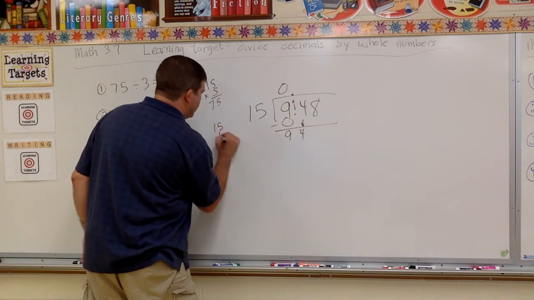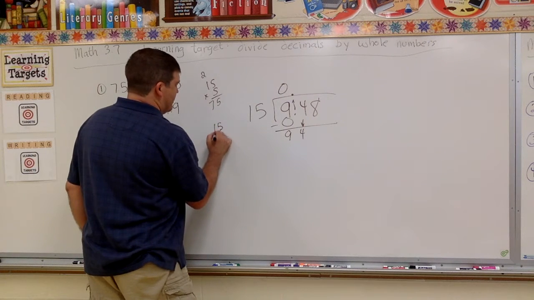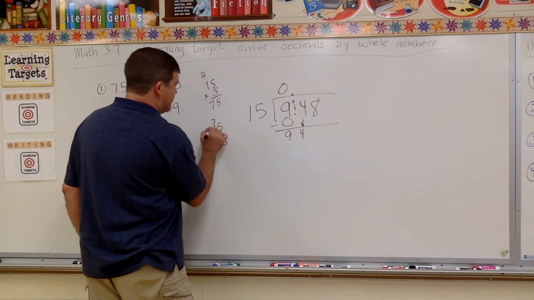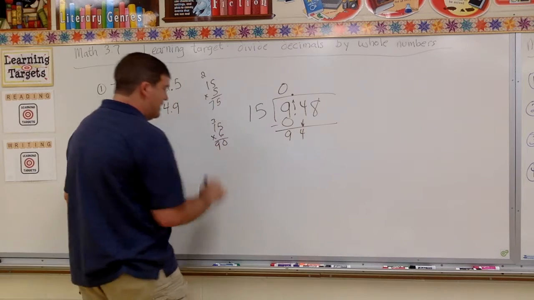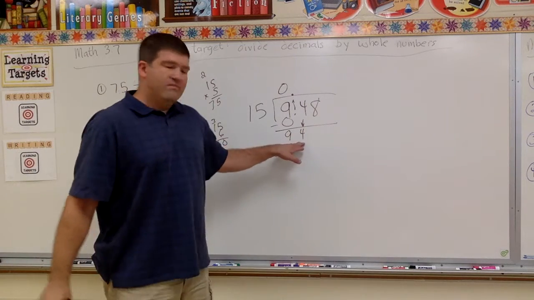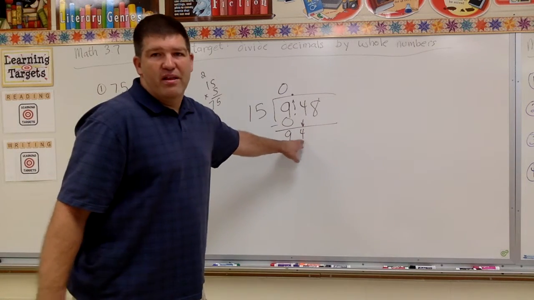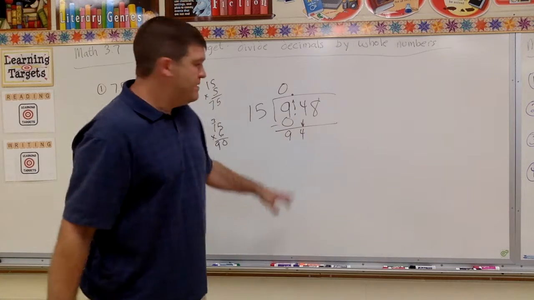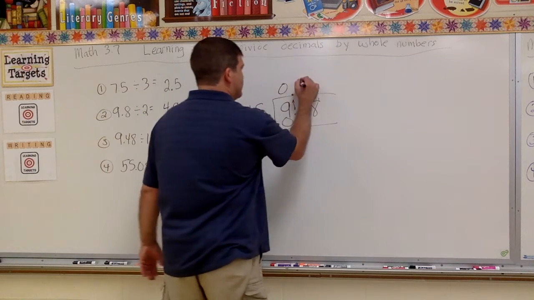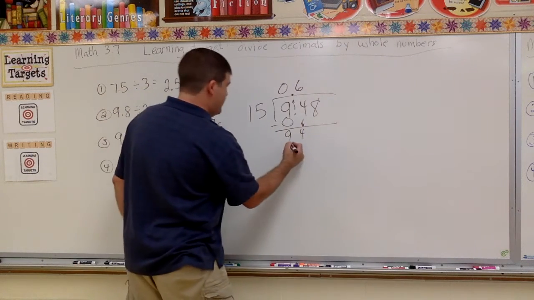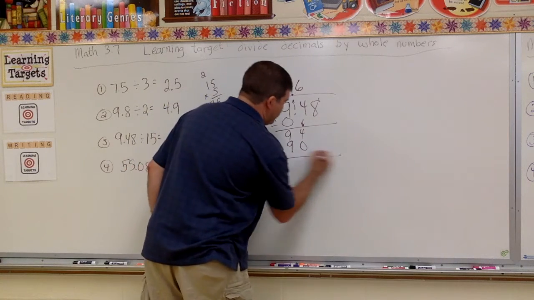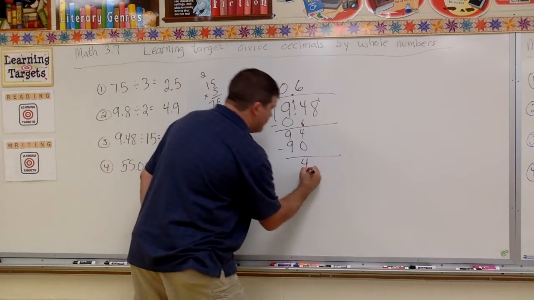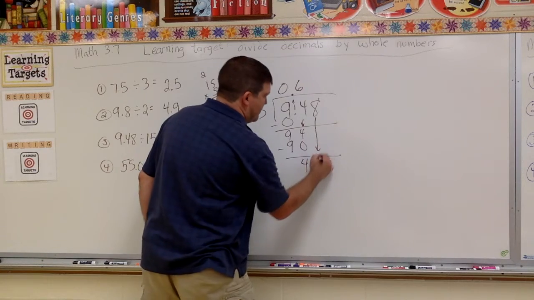Let me try 15 times 6. 90. Okay, 90. 94, pretty close. I can't get any more out of there, because I just have 4 left. So now, I know it's going to be 6. 6 times 15 is 90. Subtract that out. That gives me 4. I bring this number down.